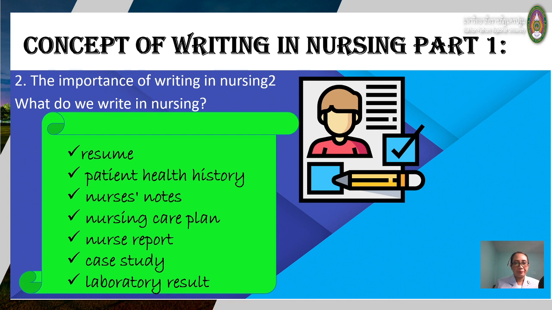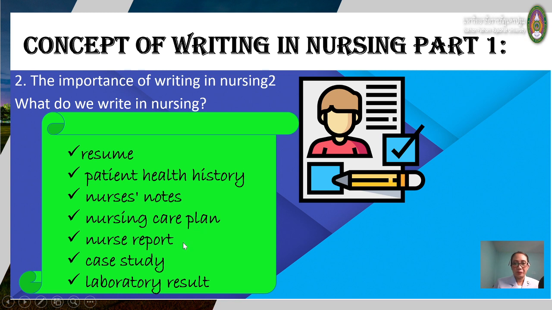As a nurse, we have these types of documents that we need to write. We have our resume, we have to write the patient health history, and the nurse's notes, which is very, very important. Every end of the shift, we also have to write the nursing care plan, which is very important in how we plan the care of every patient. Every patient has a different need, so we need a care plan.